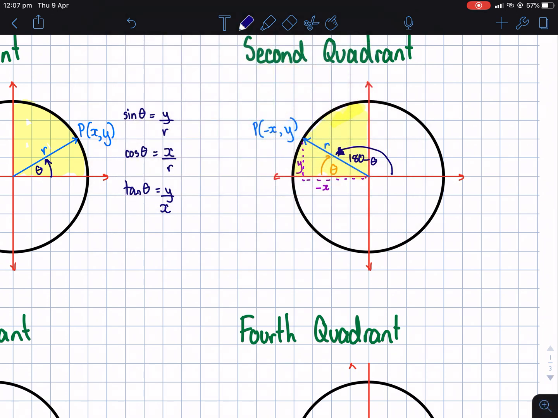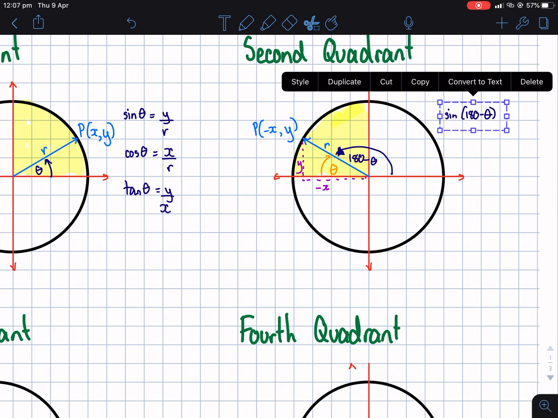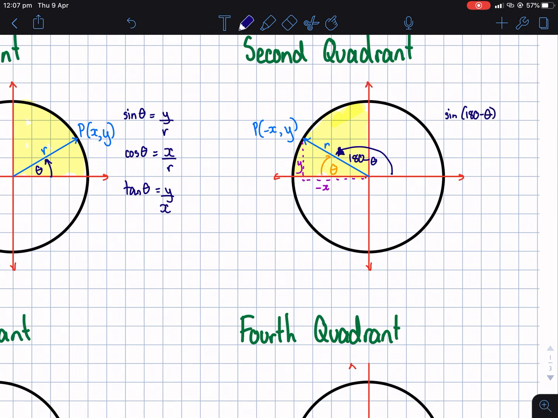So now, for 180 minus the angle that we looked at in the first case, it's y on r, still positive y on r, which is just sine of what we had in the first quadrant. So if we're looking at sine 150, it's the same as sine 30.